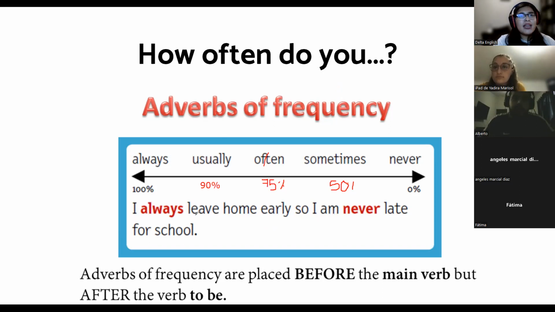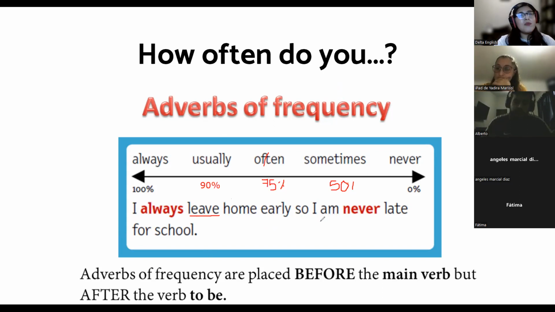Aquí tenemos un ejemplo. I always leave home early. Aquí leave es mi verbo principal. Siempre salgo de mi casa temprano. Entonces, aquí está mi verbo y aquí está mi adverbio antes. I always leave. No voy a decir I leave always.